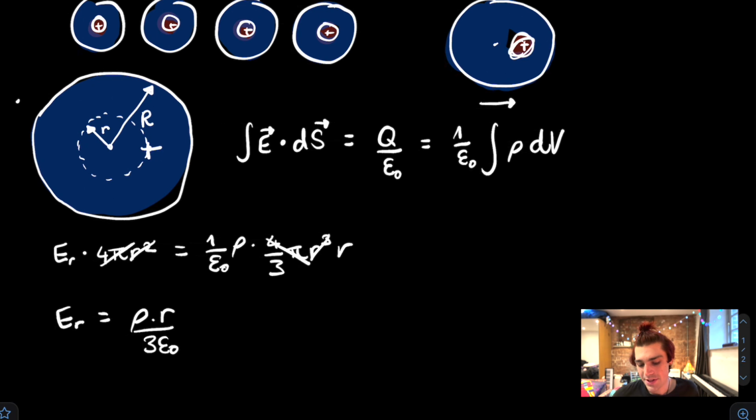And that's quite an interesting result because it contrasts quite radically with the result for a point charge, being proportional to 1 divided by r squared, this inverse square law that we're all familiar with. And of course, this is because we're inside a charge distribution. We're evaluating the electric field within a charge distribution.